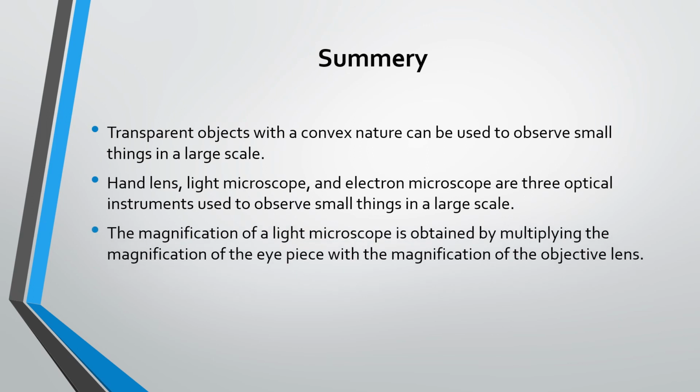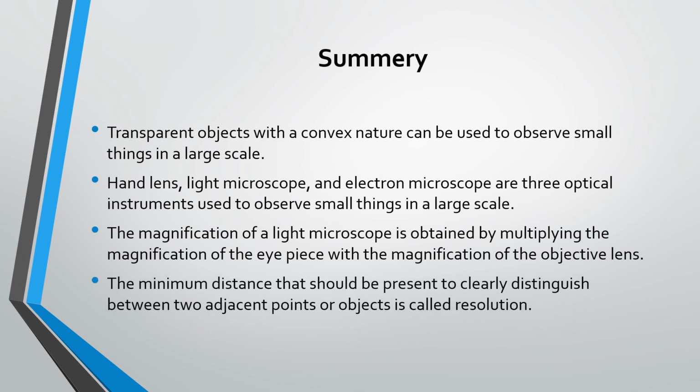And if you consider the magnification of the light microscope, it uses two convex lenses called the eyepiece and the objective lens to magnify the specimen. And the minimum distance that should be present between two adjacent points to observe them as two separate points is called the resolution power.